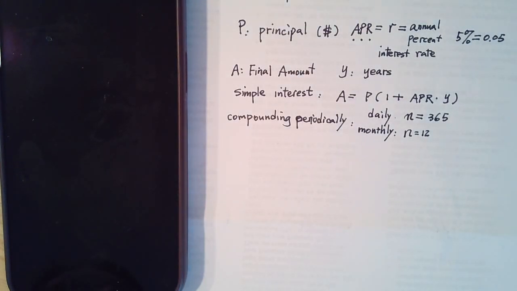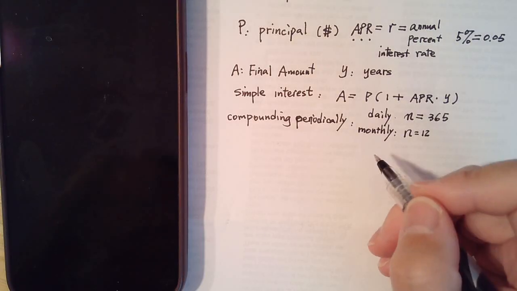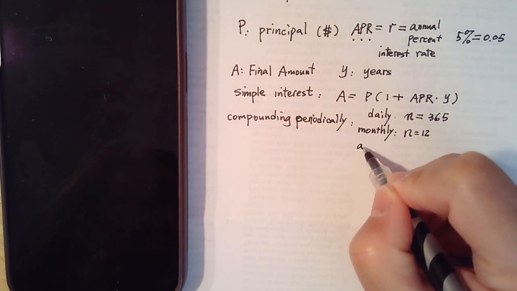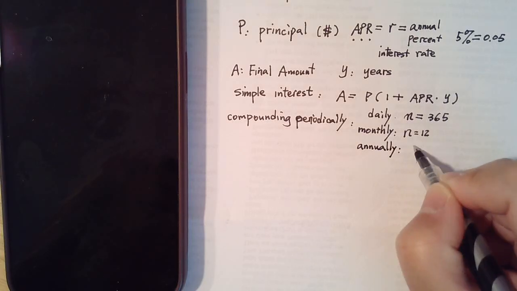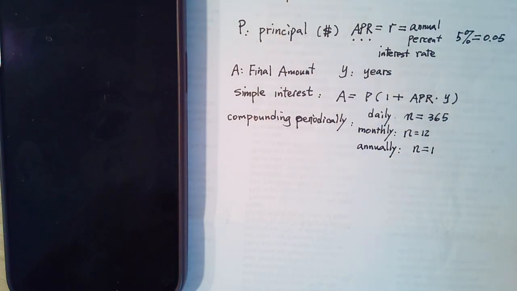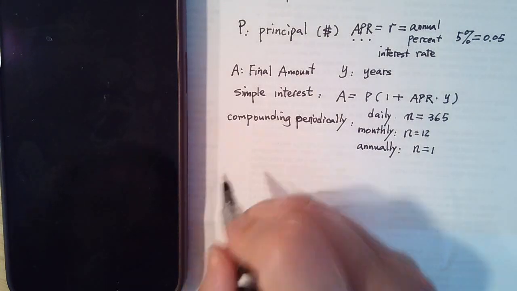That shows the number of compounding periods in a year. Okay, so if it's annually, then that n will be 1 because it just compounds at the end of a year. There's only one compounding period in a year.